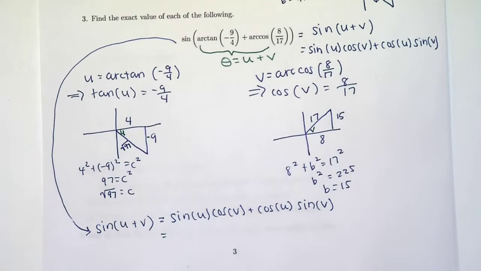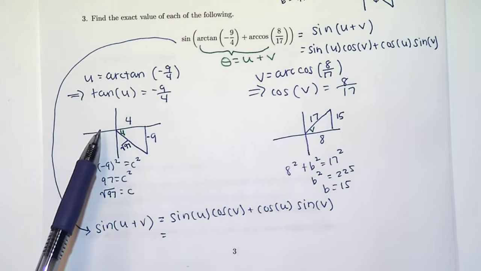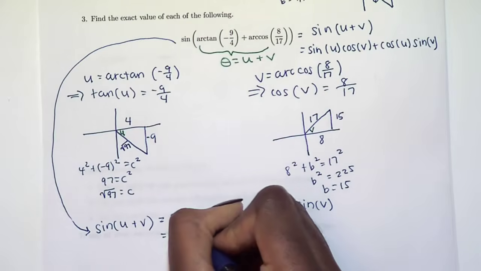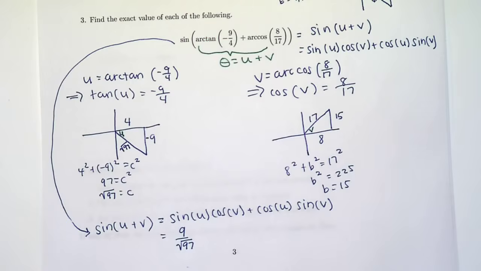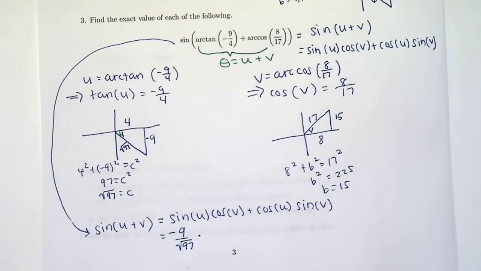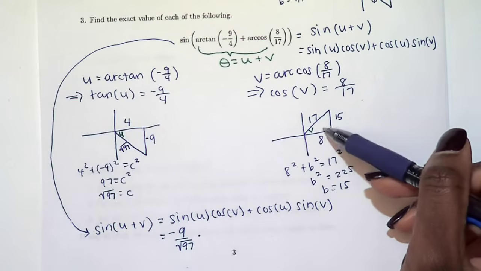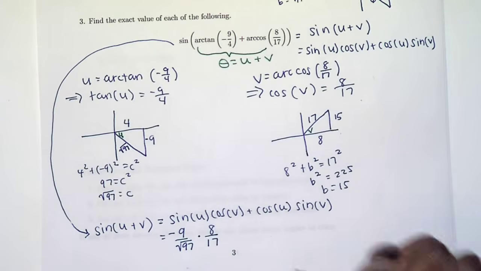Sine of U, so we go to our U triangle. Sine is opposite over hypotenuse, 9 over root 97. We're in the fourth quadrant, so sine is negative. Then we need cosine of V. We can use this one, which we're given, adjacent over hypotenuse. First quadrant, everything is positive.